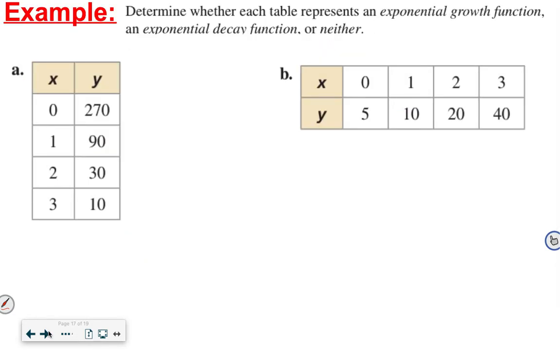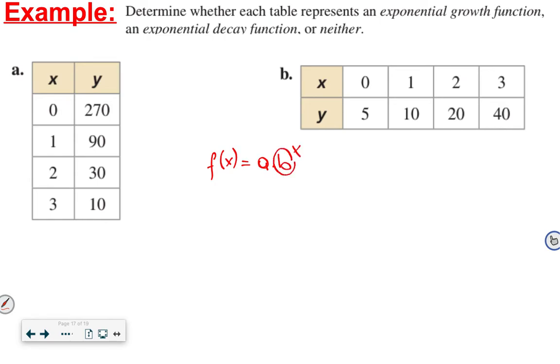Next. Determine whether each table represents an exponential growth function or exponential decay function or neither. Ladies and gentlemen, to be able to understand exponential decay or exponential growth, you have to remember the exponential function formula: f of x is equal to a times b to the power x.